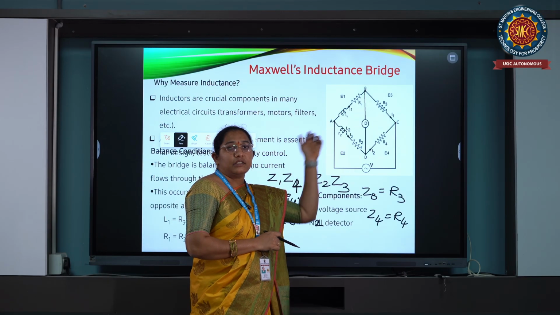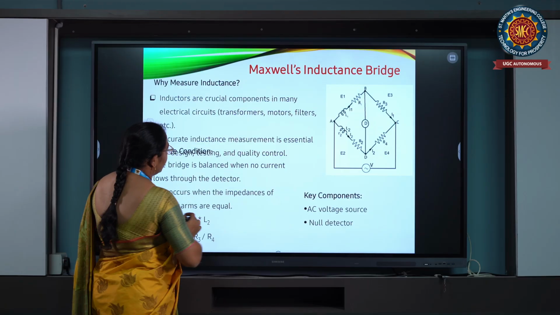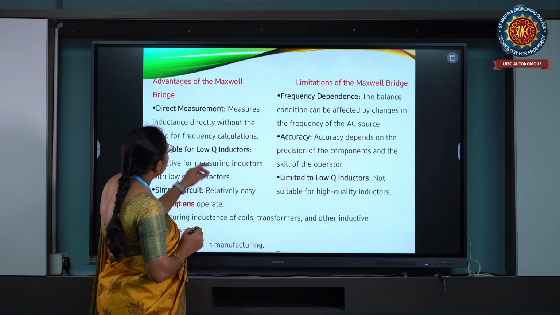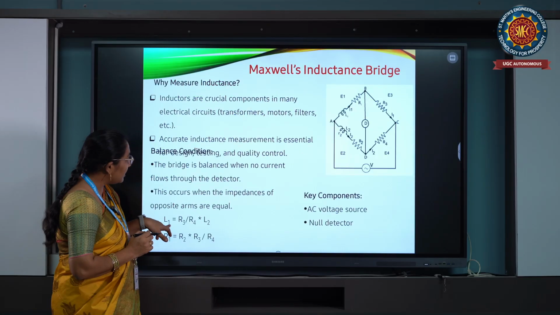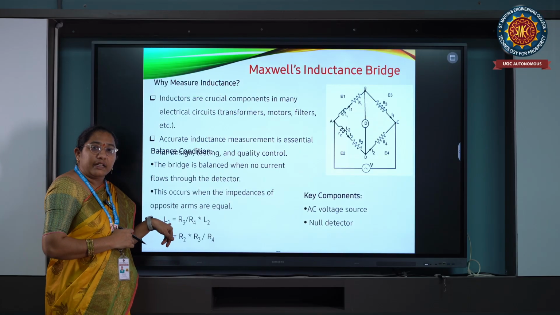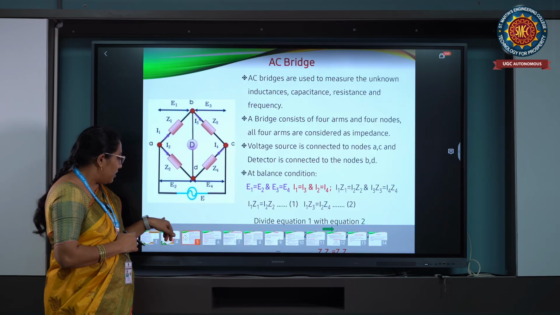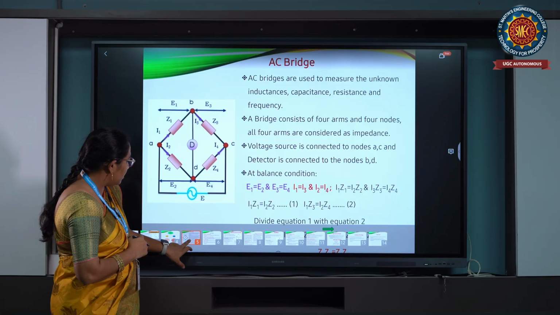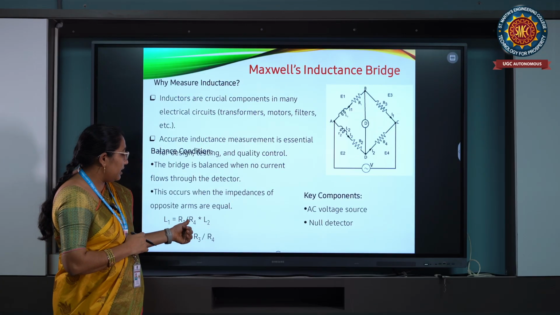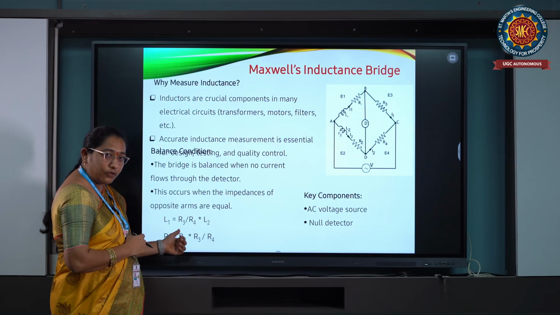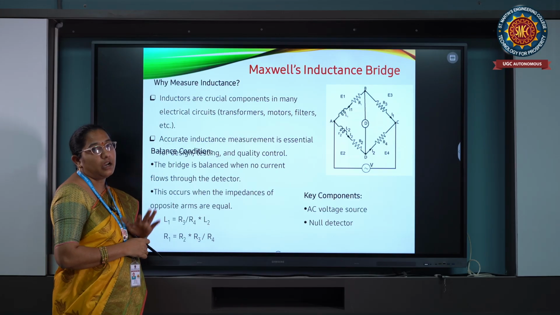See how we are getting that. These are the equations for unknown inductance and unknown resistance: L1 equals R3 into L2 by R4, and R1 is equal to R2 into R3 divided by R4.